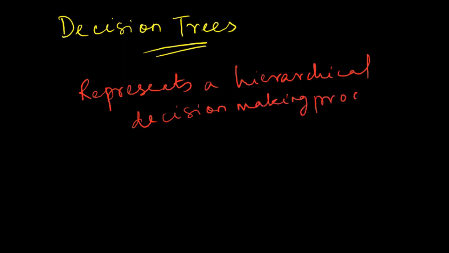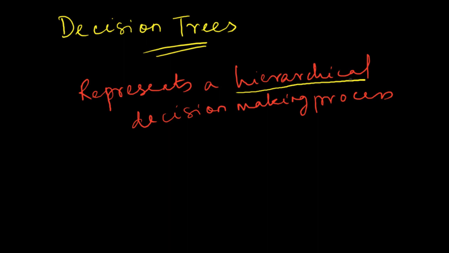What do I mean by the term hierarchical? This is the key term that differentiates decision trees from logistic regression or support vector machines. As we saw in the previous examples of supervised learning algorithms, you can have several different features using which you do binary classification or even multi-class classification.